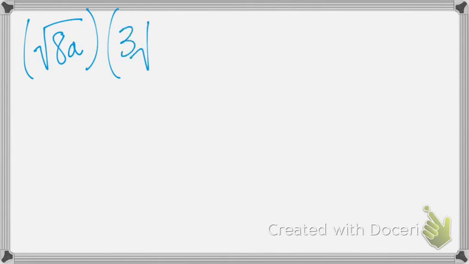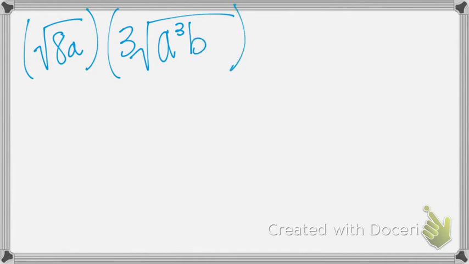So we have the square root of 8a times 3 square root of a cubed b.